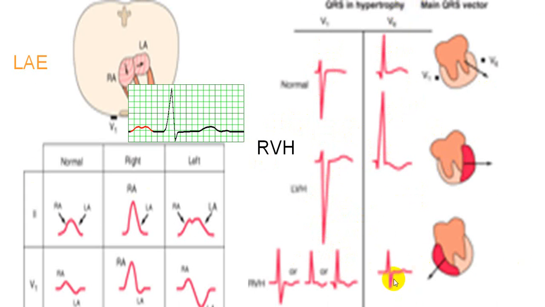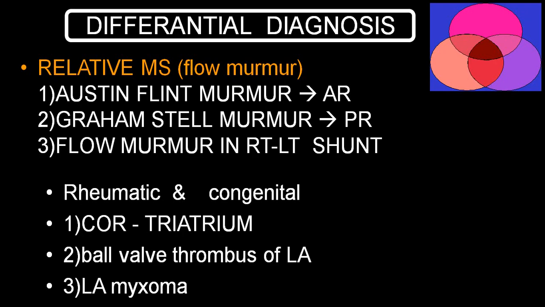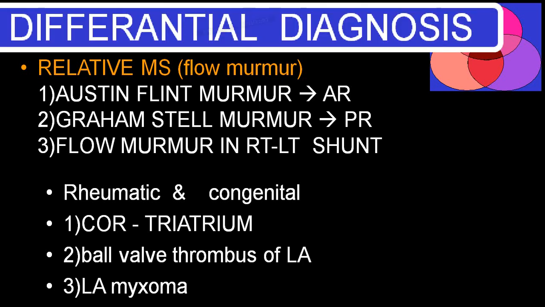You will have an S wave in RVH. So in V1, you will have a tall R wave and deep S wave in V5, V6. Differential diagnosis I have already mentioned.